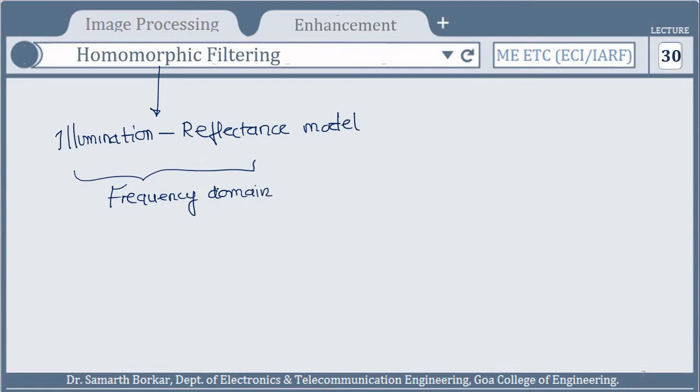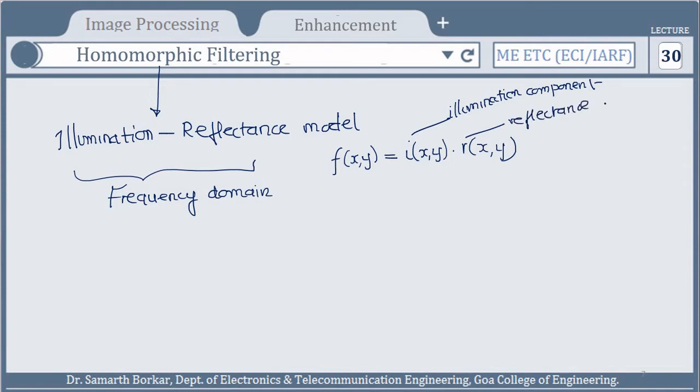In case of homomorphic filtering, we separate the illumination and reflectance components and work with them separately. So from the previous discussion, f of x y is equal to the product of I of x comma y and r of x comma y, where I is the illumination component and r is the reflectance component.